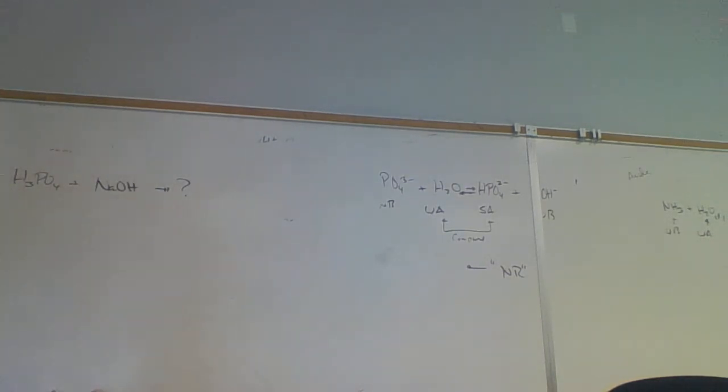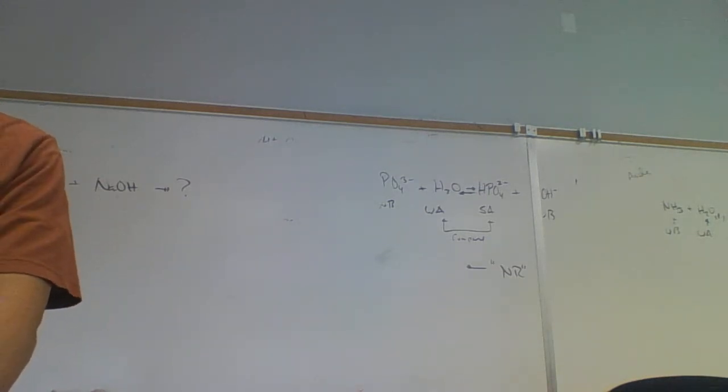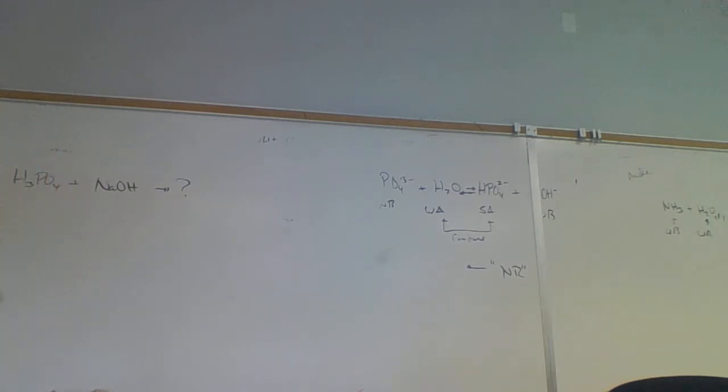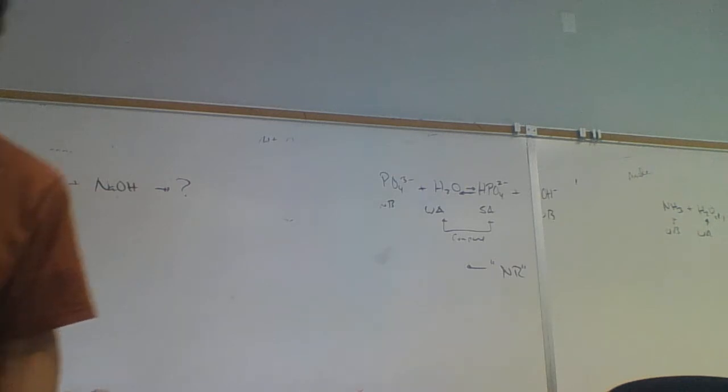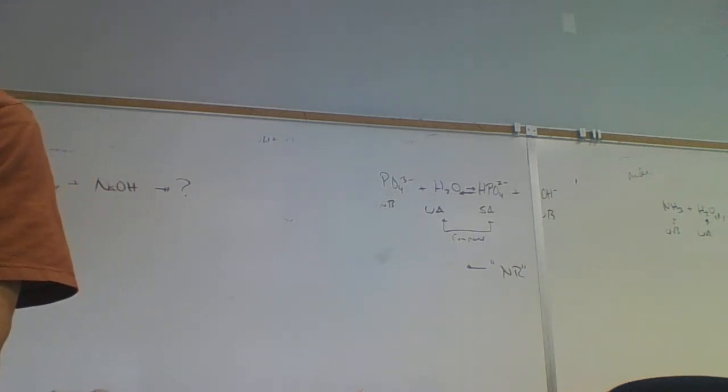Is that molecular or lattice? Acids are going to be molecular. If this were metal, like sodium, it would be lattice, right? Or magnesium, it would be a lattice. But this is just H, so this is molecular. In general, acids are molecular.